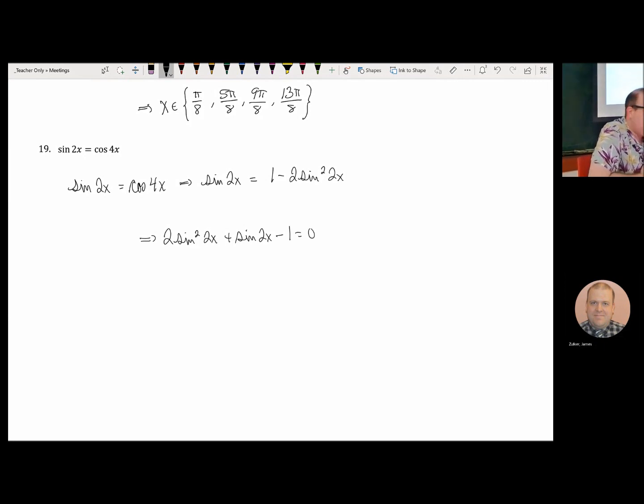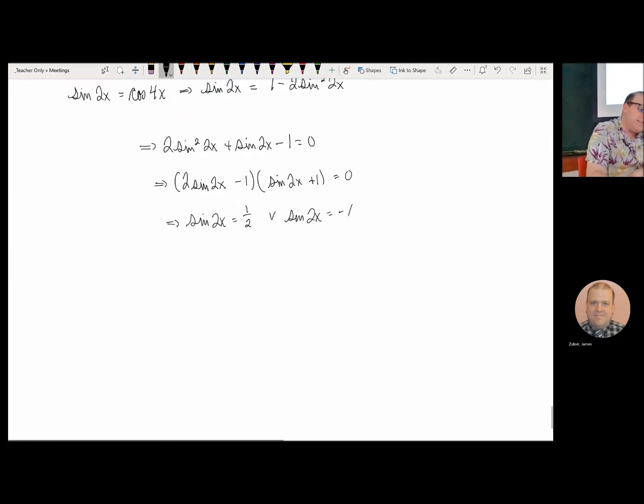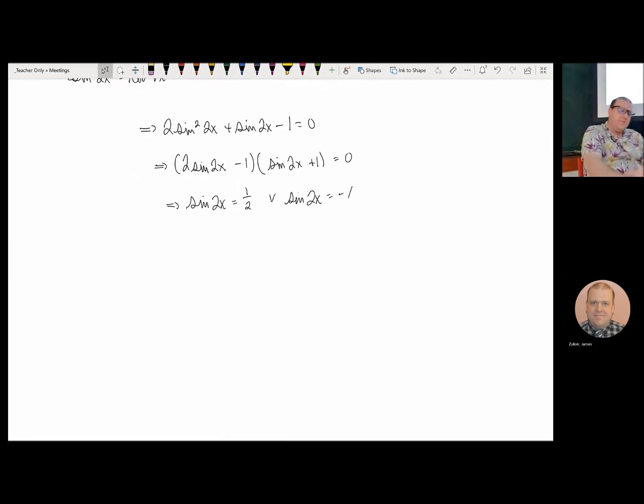Two sine squared of 2x plus sine 2x minus 1 is 0. That can be factored. Right, sine of 2x is a half, or sine of 2x is negative 1.